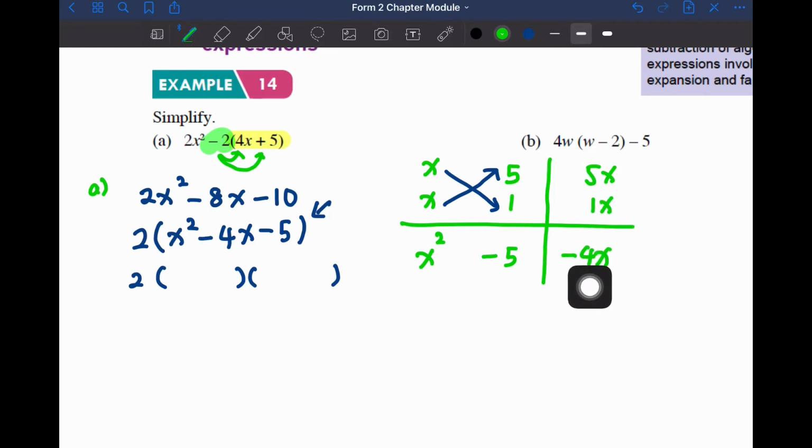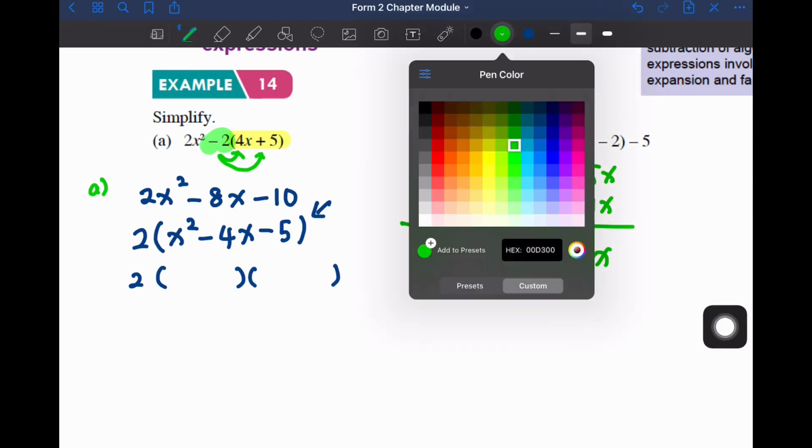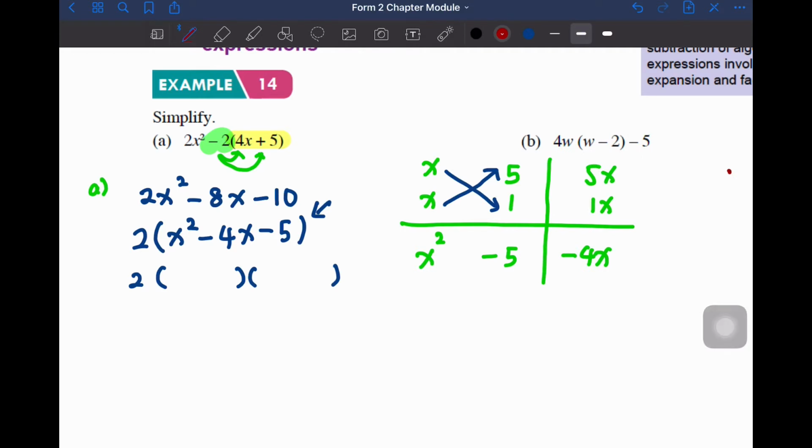We want negative 4, so 1 minus 5. So ni adalah positif. Kalau sini negatif, sini negatif. Kalau sini positif, sini pun positif. So this is your factor, and you can write it in this bracket: x minus 5, x plus 1.